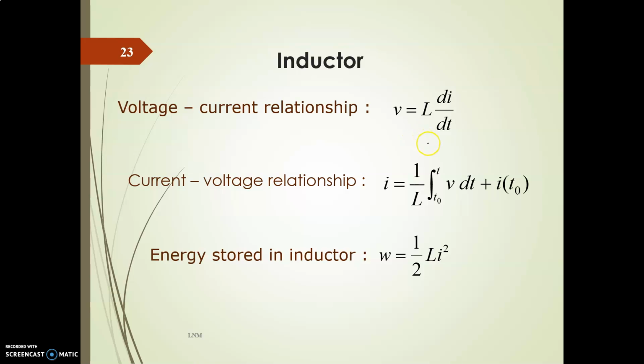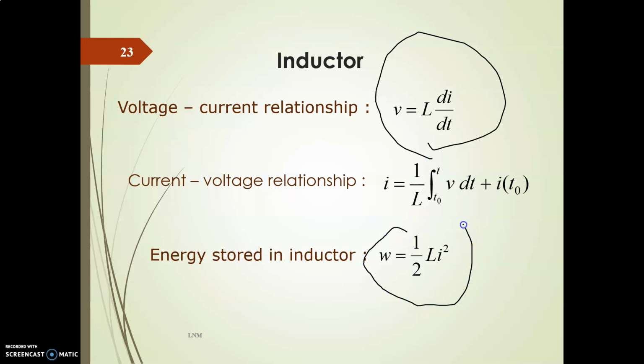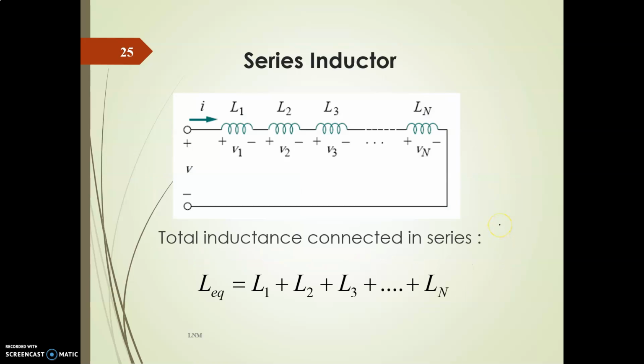The most important part, you must know the equation is this one. The second equation is this one, same as capacitance. For inductance we must know the equation for V, the same as the work done here.